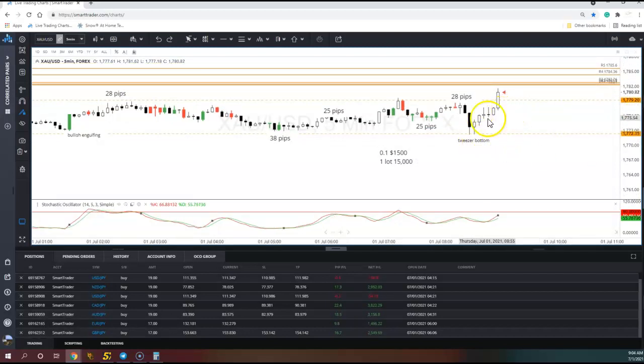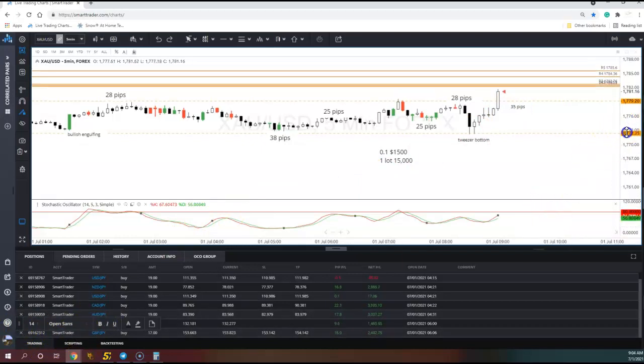Squeezed the bottom, you bought it at the bottom, exited over here at 35 pips, continues to rally, not a problem. I'm more concerned about protecting my equity than staying in trades and making more money.